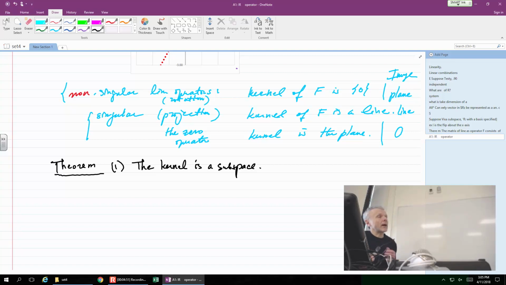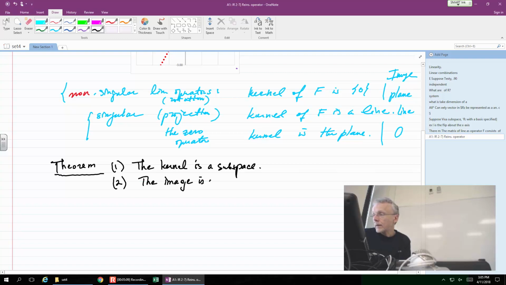The linearity of our function demonstrates that the kernel will be a subspace. And let me make a second statement: so is the image. The image is a subspace. So these are two theoretical statements.